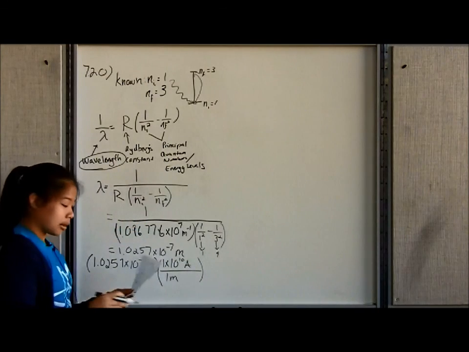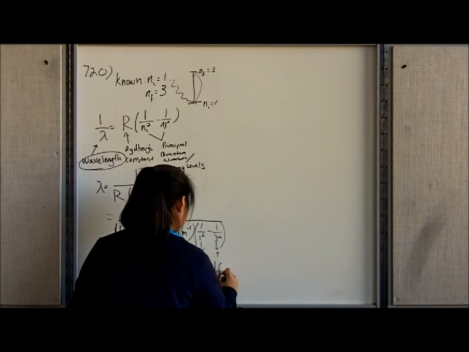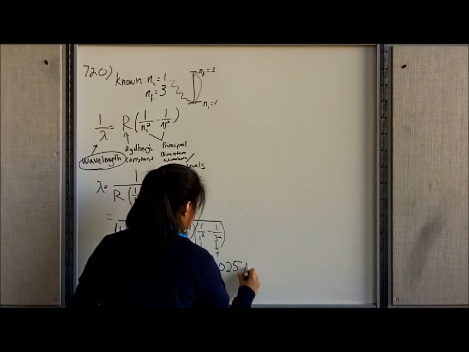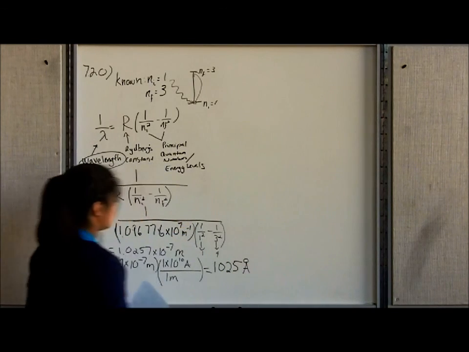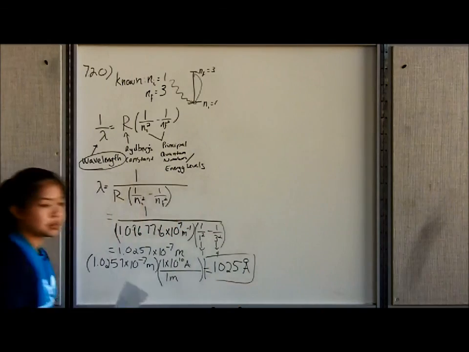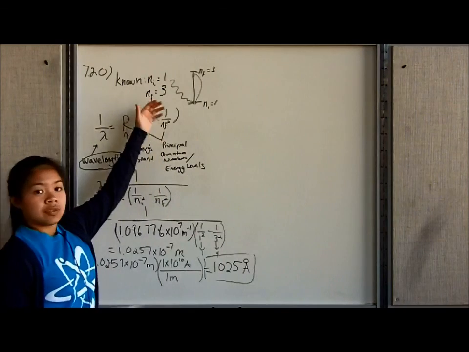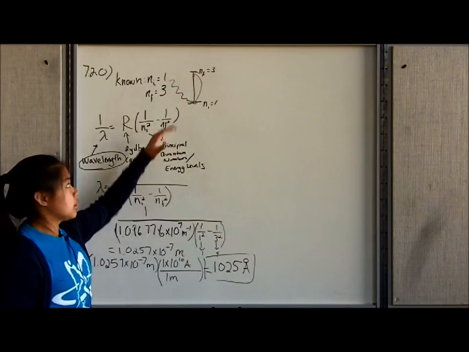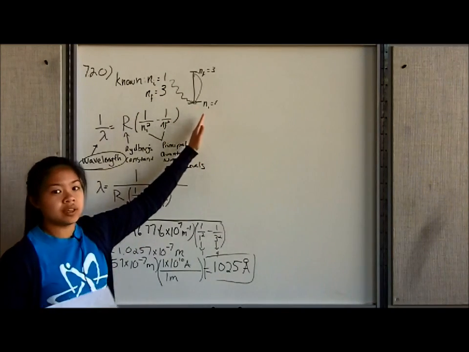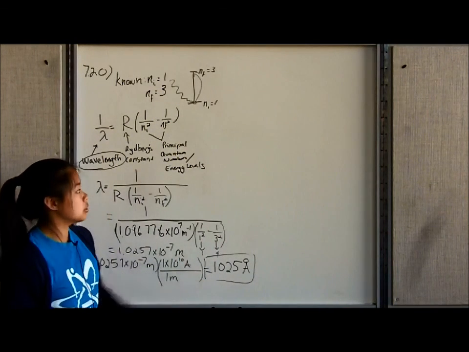Now you have 1,025 angstroms as your answer. This makes sense because a photon is extremely small, and this photon has enough energy to move the electron. Make sure your problem makes logical sense.